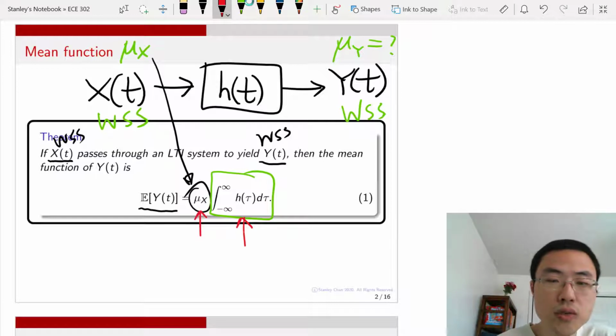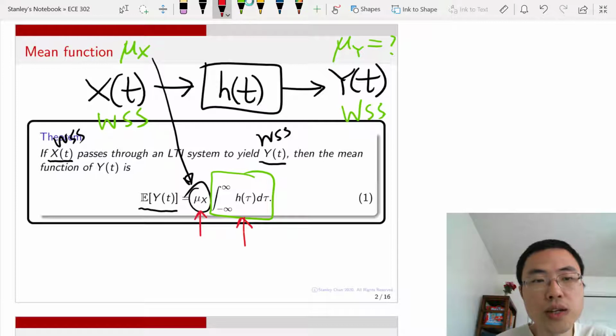Now, the second interesting thing to notice is that as you send this wide-sense stationary process x_t through the linear time-invariant system, the mean is just a scaled version of your original input. So this is your input's mean, and this is a scaling constant. This scaling constant is completely characterized by the system.